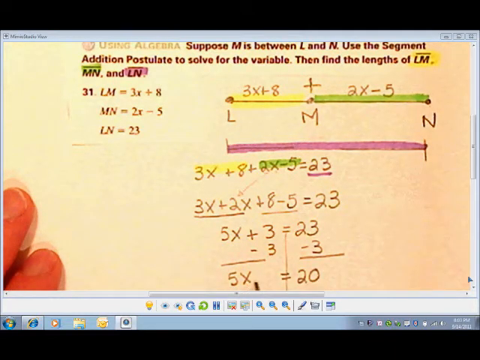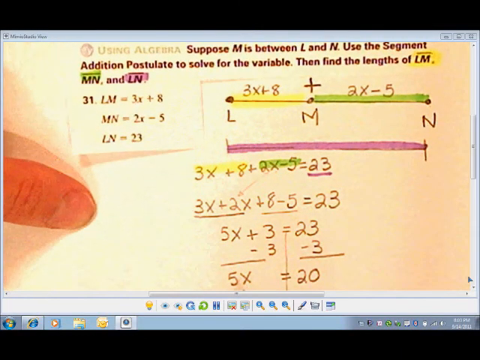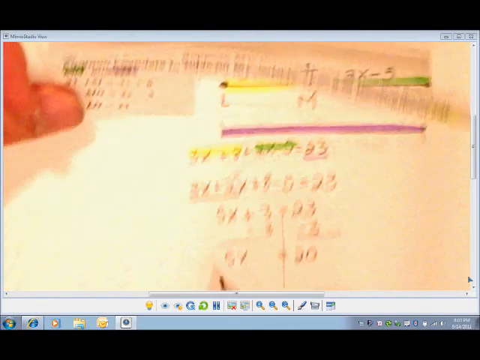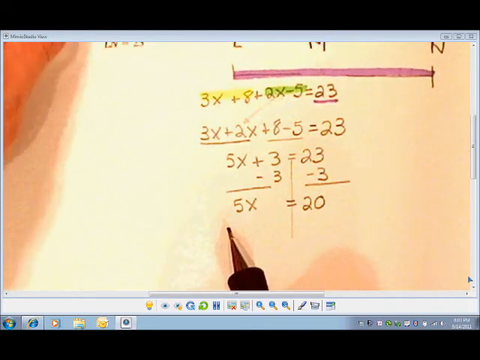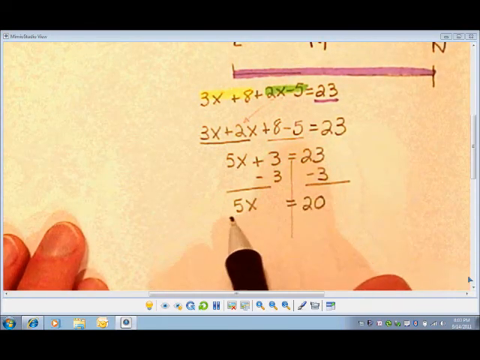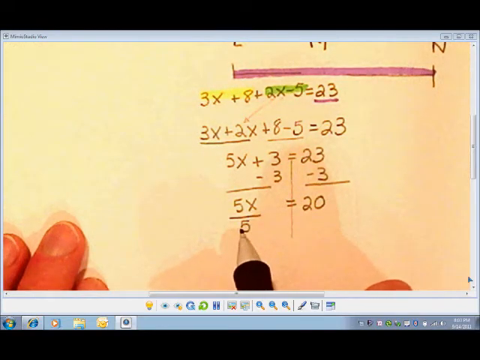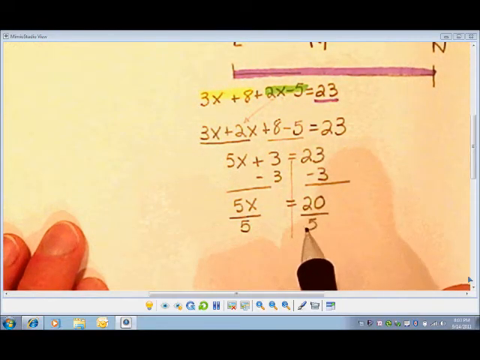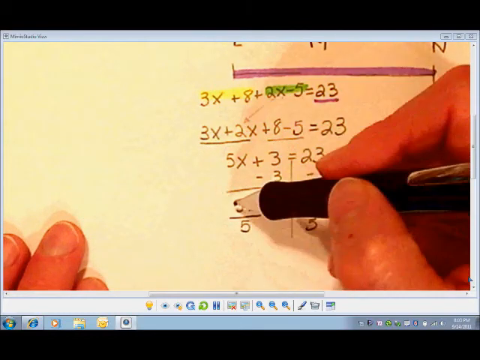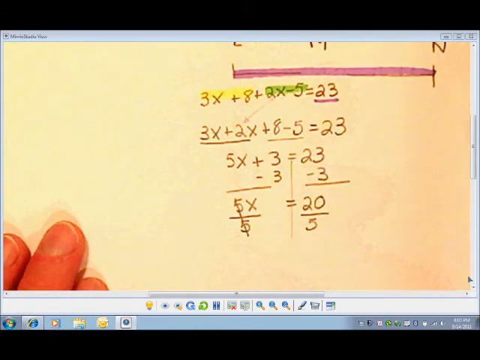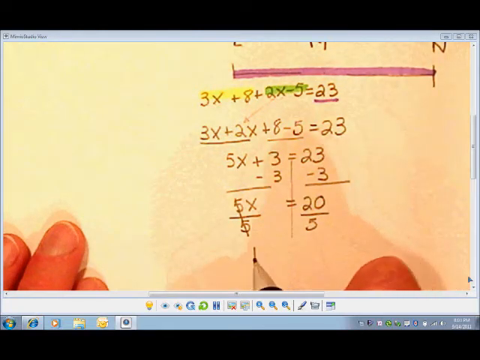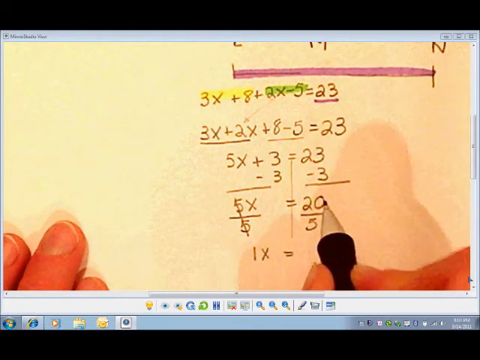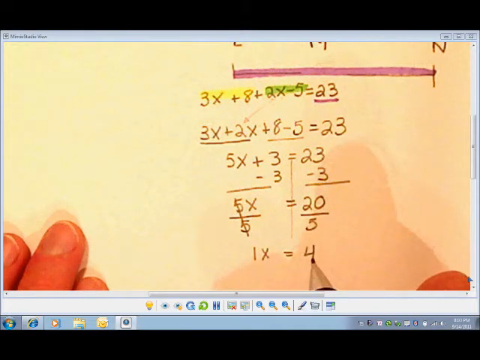Since the 5 is being multiplied to the x, I have to divide. So I'm going to divide 5x by 5, and I'm going to divide 20 by 5. 5 divided by 5 is 1, right? So that gives me 1x equals 20 divided by 5 is 4. So x has to equal 4.